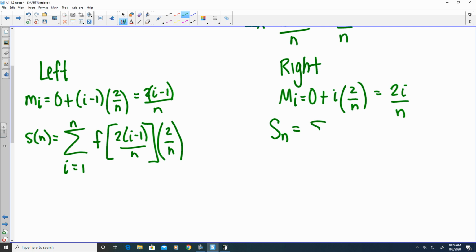So for this capital S, the sum from 1 to n of f of 2i over n times 2 over n.